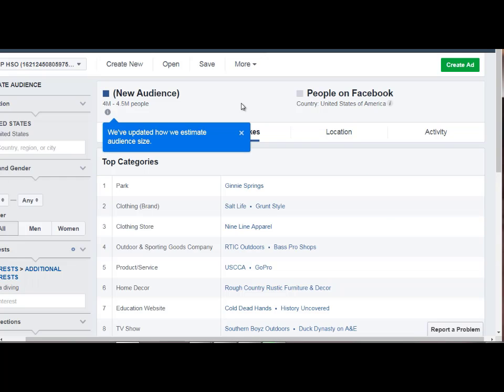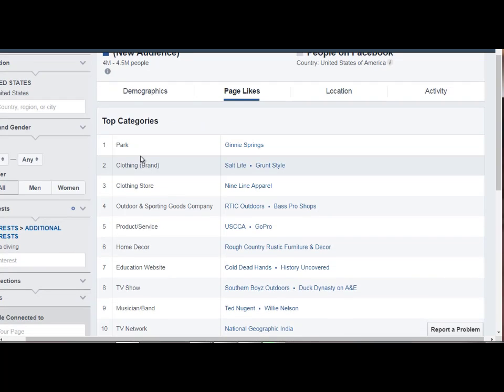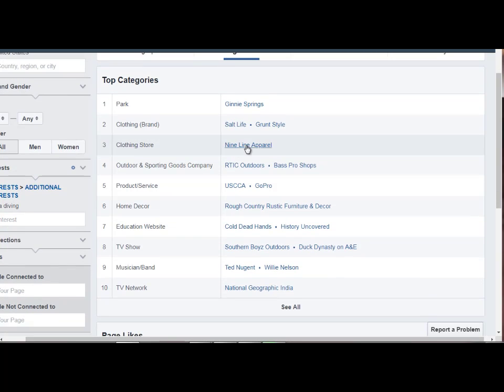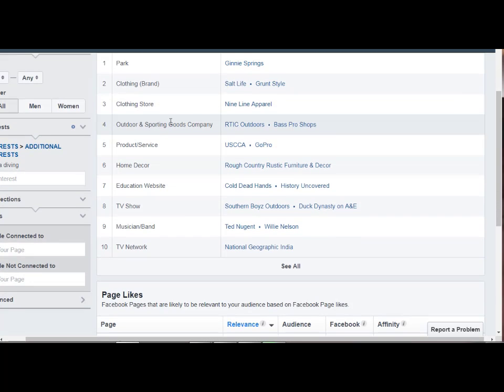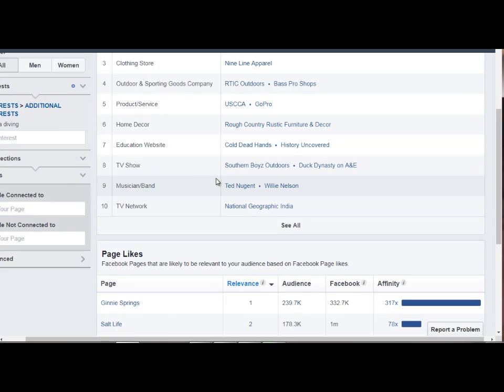Now, if we scroll up, we can click on page likes. And this is actually very interesting because this allows you to see which pages they like. So for example, we have Jenny Springs, the specific clothing brand they're interested in, Salt Life and Grunt Style, clothing stores. We can see Bass Pro Shops, an outdoors and sporting goods company, they're interested in. They're interested in a lot of outdoors type shops and websites, musicians, and TV shows that they like, such as Duck Dynasty.